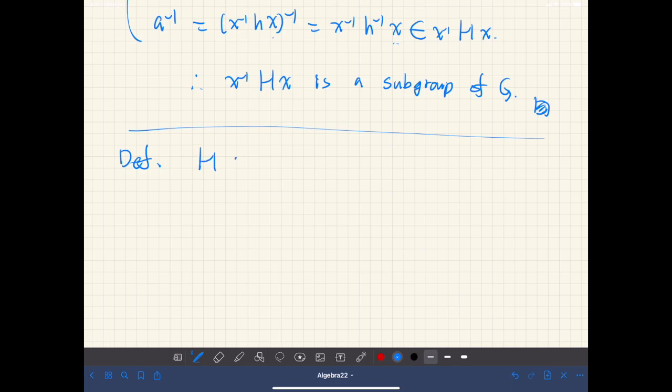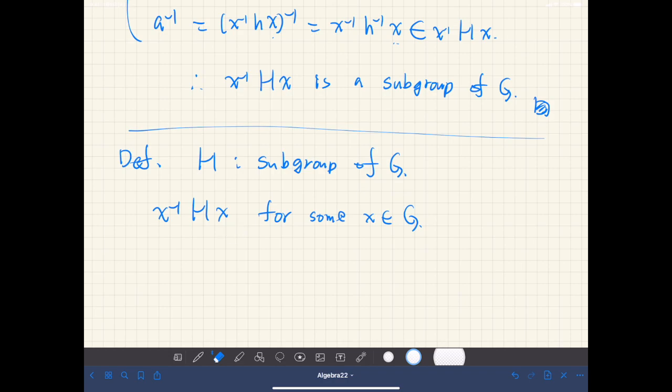Let H be a subgroup of G. And any subgroup of the form X inverse H X for some X, which is an element of G, as we have seen, is called, so this subgroup is called a conjugate of H.